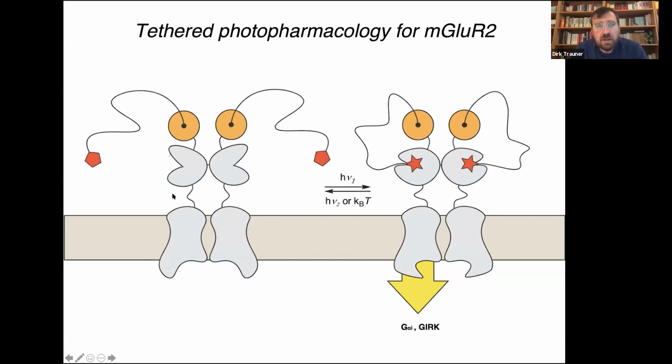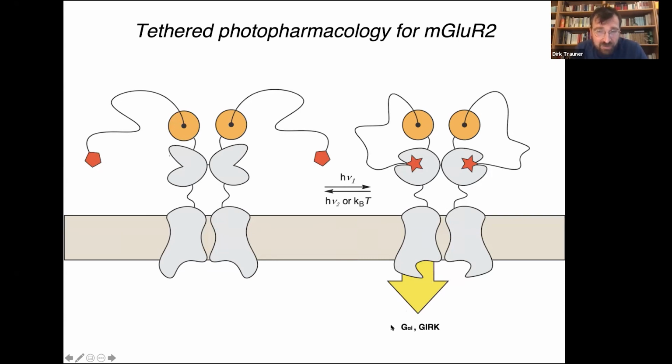And here's the metabotropic glutamate receptor version, where we N-terminally extend the ligand binding domain with a SNAP tag or some tag. And then we attach the photoswitch on a leash. If the photoswitch gets activated with light, it activates first the ligand binding domain, and this is mechanically coupled to a change in the interface here.